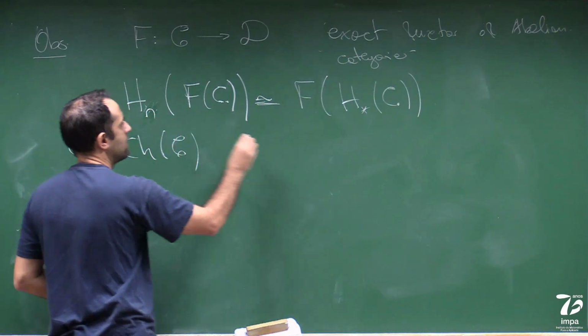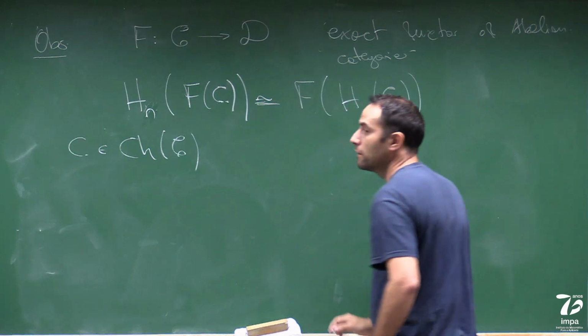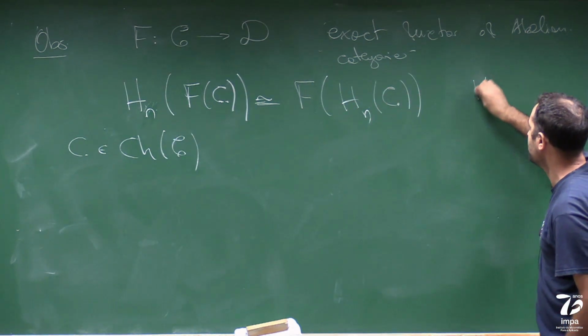So H_n(F C) is isomorphic to F(H_n C) for every n.